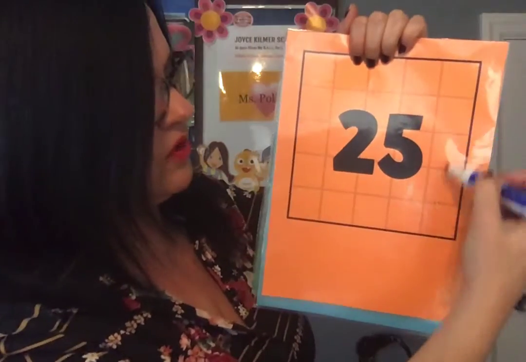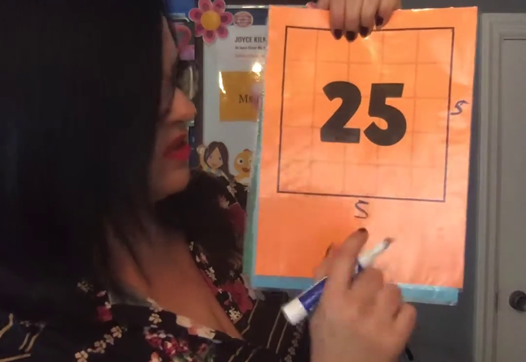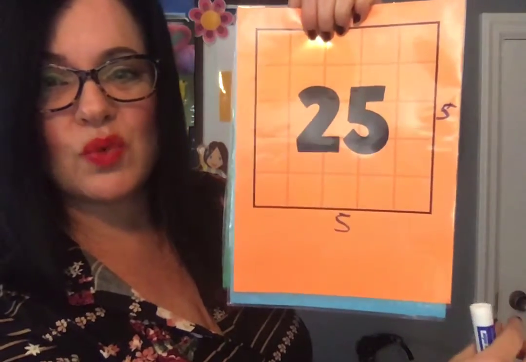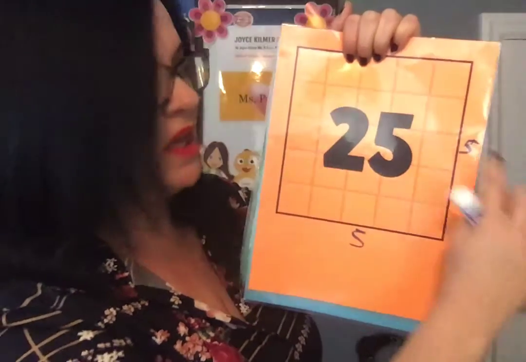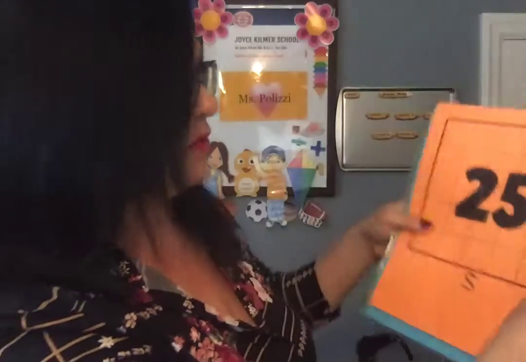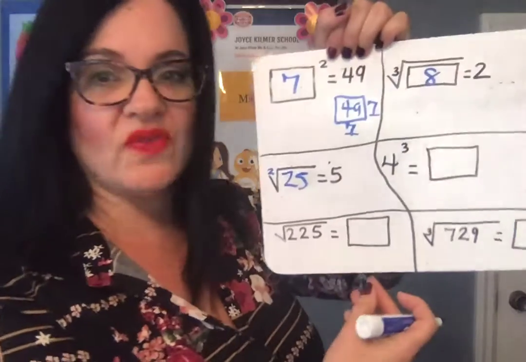And we could see that the square root, one side, 1, 2, 3, 4, 5 is 5 units. And 5 on this side. So 5 times 5 is 25. Okay, so the square root of 25 equals 5. Okay, so let's go ahead and choose that answer. The square root of 25 equals 5.